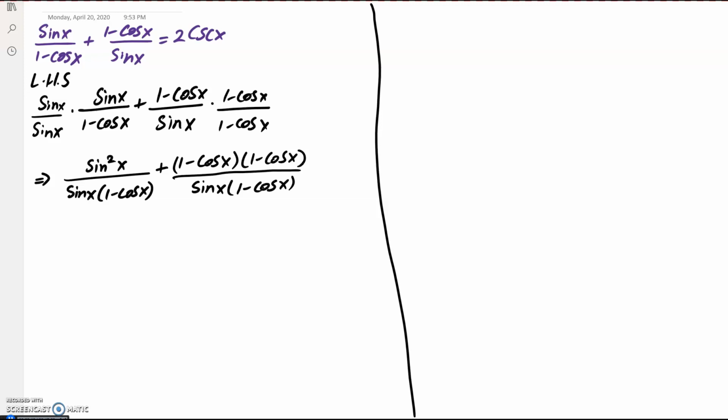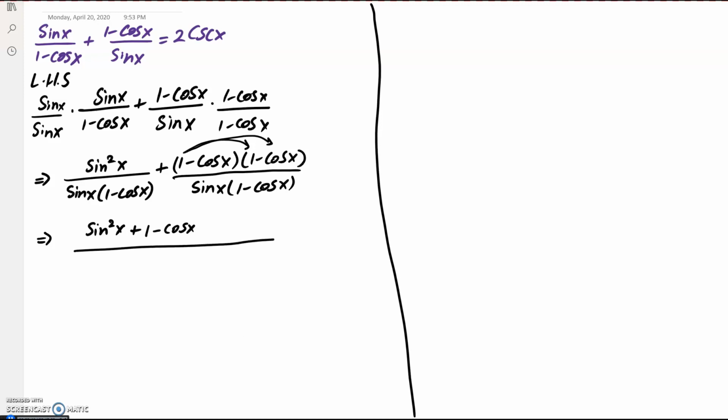As you can see, in these fractions we have the same denominators, and once denominators are the same, we can combine these two fractions, and it's going to be sine squared x plus, now look, this is parentheses, I'm going to distribute these parentheses. So first 1 times 1 is 1, 1 times cos x is minus cos x.